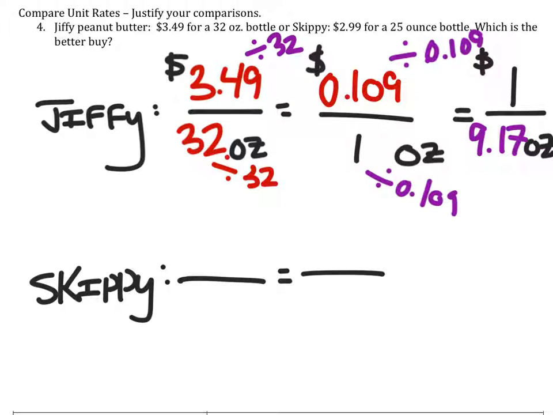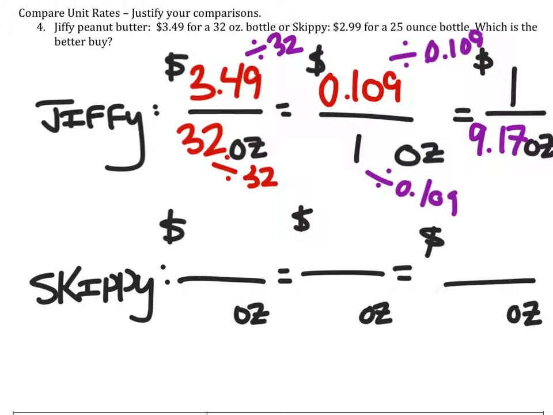Yeah, just because you guys see me do it this way doesn't necessarily mean that you have to do it the same way, especially in terms of rounding. So there's our Skippy ratios, and it told us that it was $2.99 for a 25-ounce bottle.